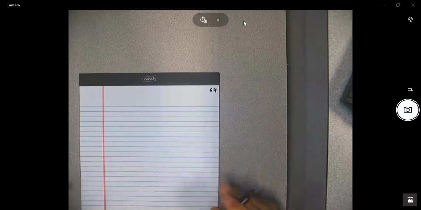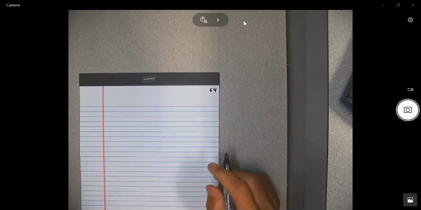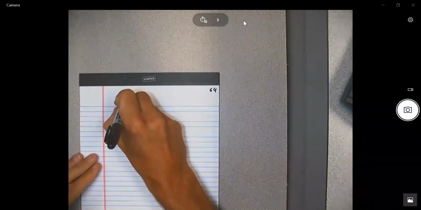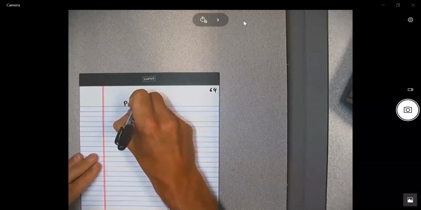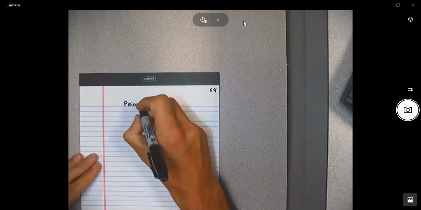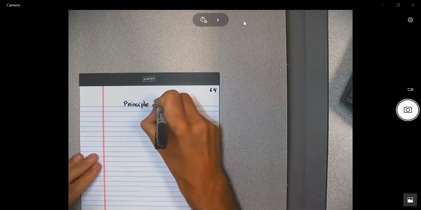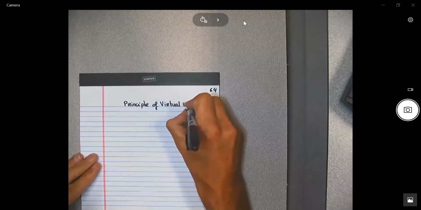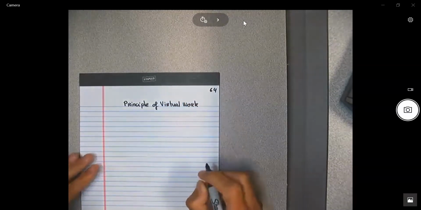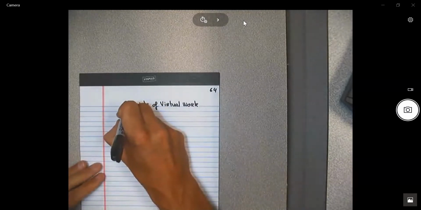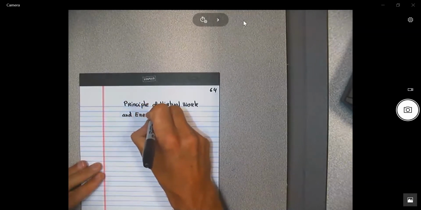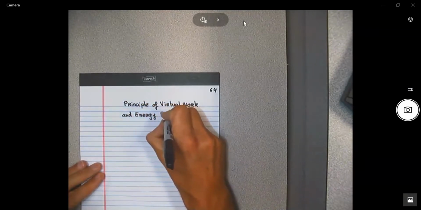Okay, so today we're gonna start a new chapter, which is really a power tool for structural analysis, okay? That one is called Principle of Virtual Work and energy principles.